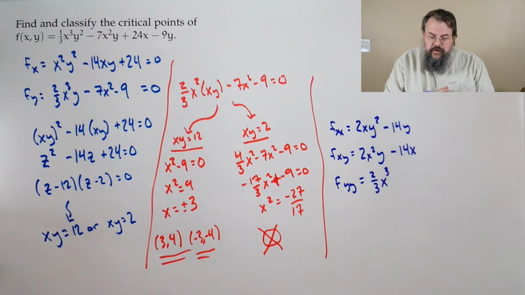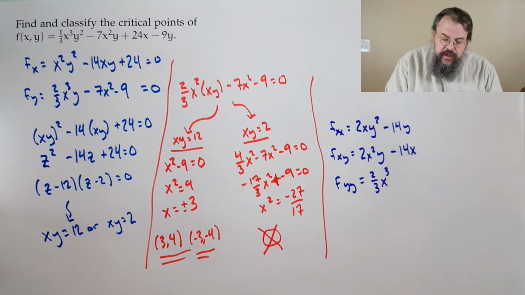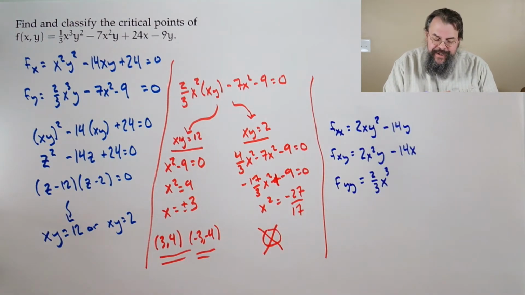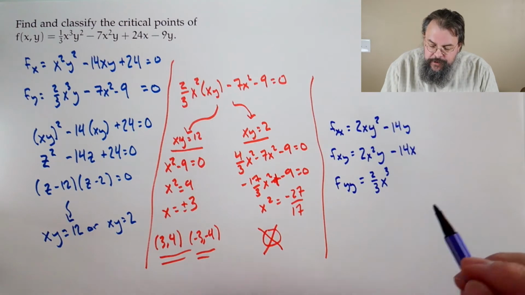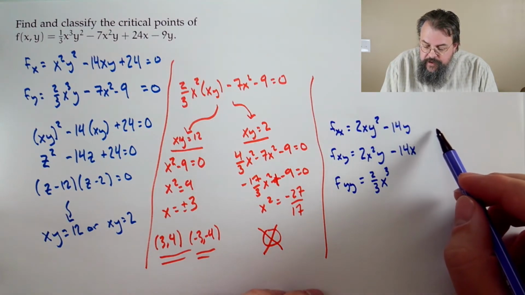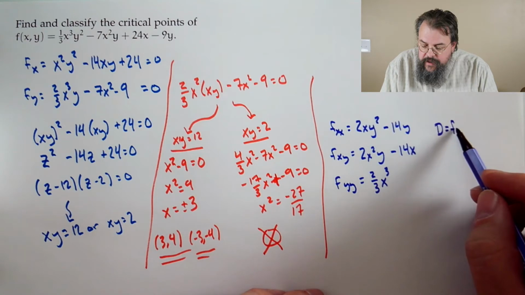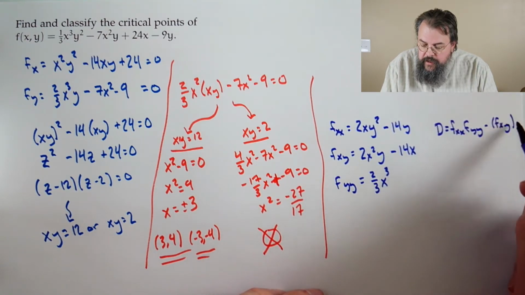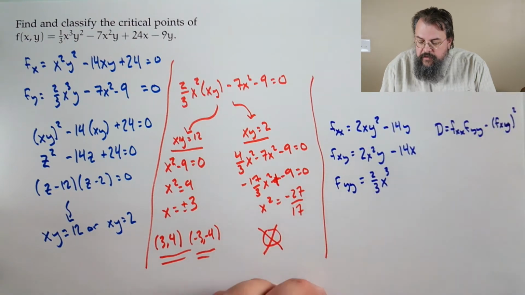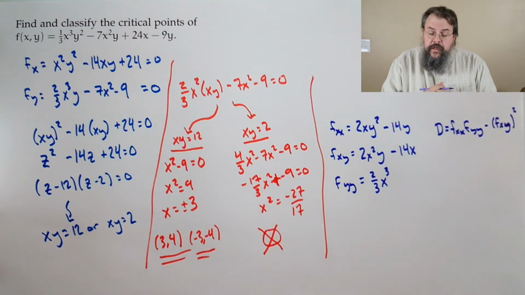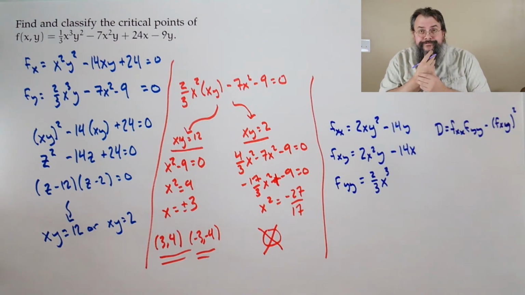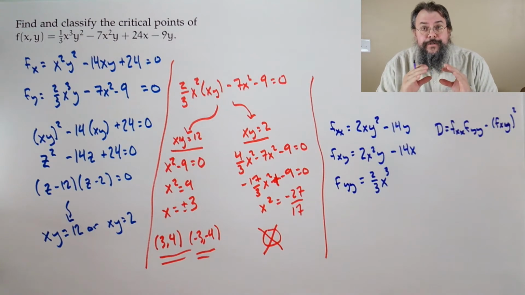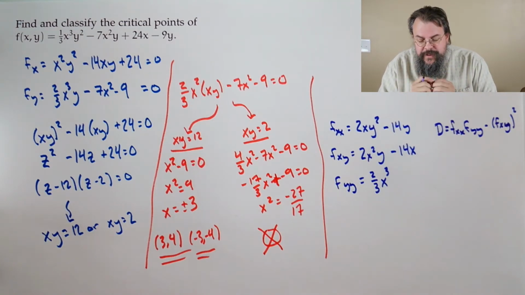Okay, so now comes the part where we're very patient with our algebra. Remember, we have this discriminant, fxx times fyy minus fxy squared. And that's what we need to compute. So, well, let's proceed with a little sense of caution.